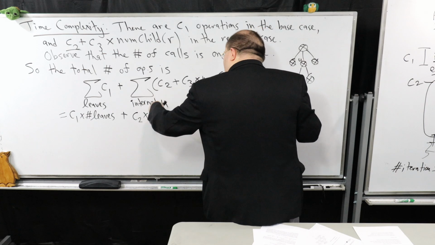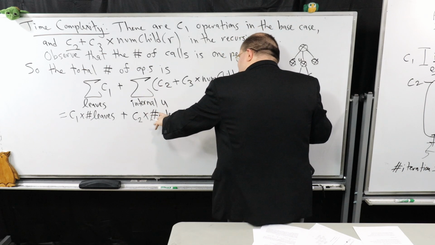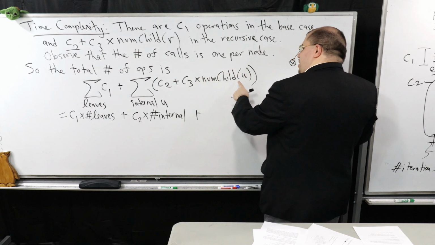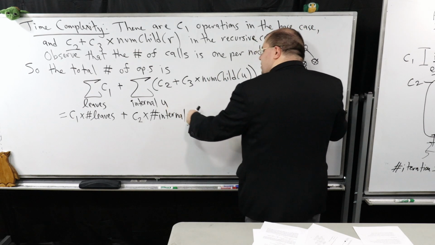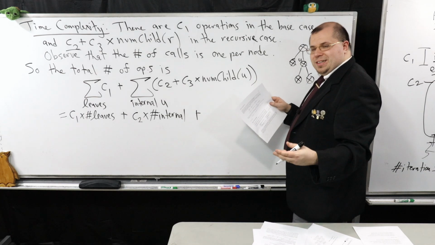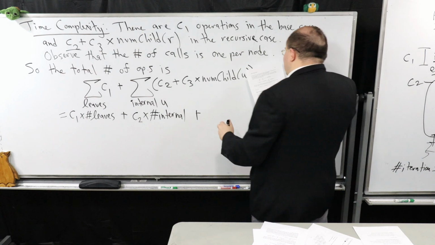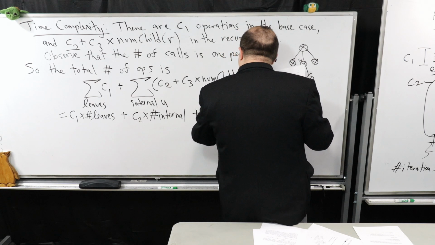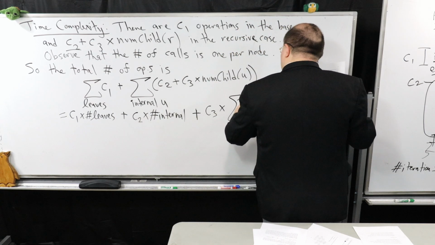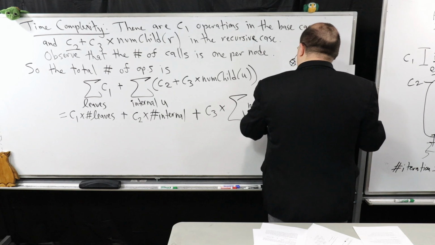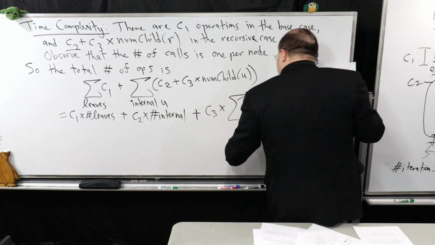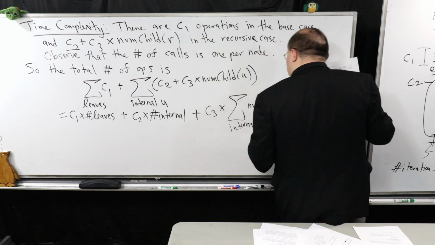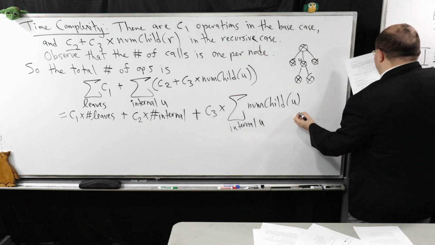So now I'm going to have all the internal nodes summed up. I do it this many times. Now I have the C3 times numchild U. But notice U depends on this sum here. So we can't just simply do something very simple with it yet. So I'm going to end up with plus C3 times the sum over all of the children for all of the internal nodes. So I have this so far.